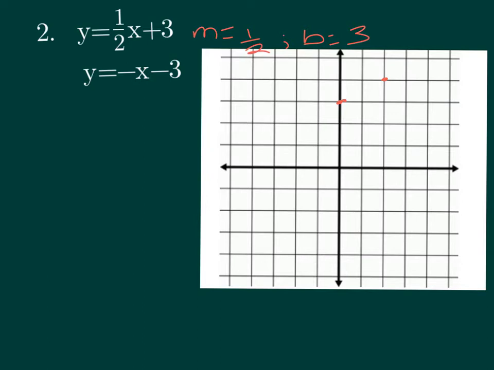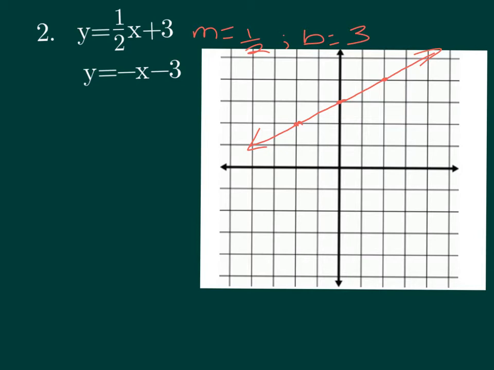Or we could go down 1, left 2. So we're going to get a line here. It's ideal that you make your lines as straight as possible, because if they're not, you might be off a tad when you are seeing your intersection.